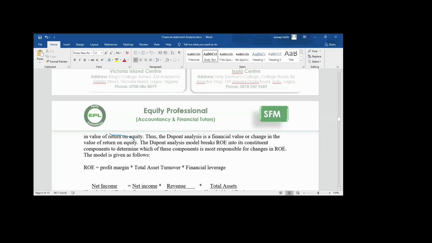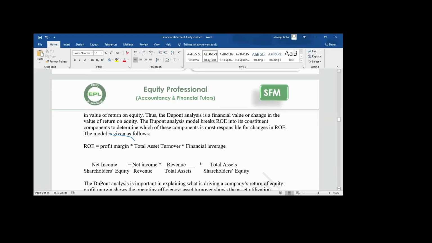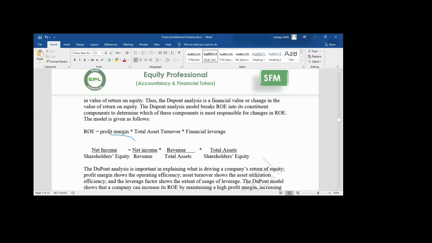I mentioned that the concept of DuPont is that we can use two or more ratios to explain a particular ratio. So if I'm to explain return on equity, I can use three ratios. Look at it. Return on equity is equal to profit margin multiplied by total asset turnover multiplied by financial leverage.